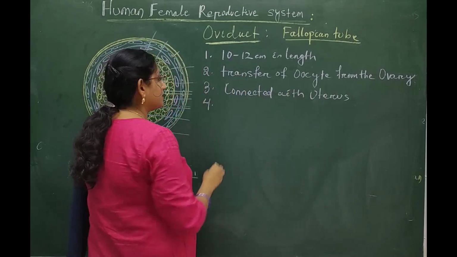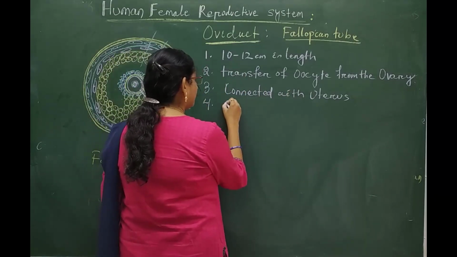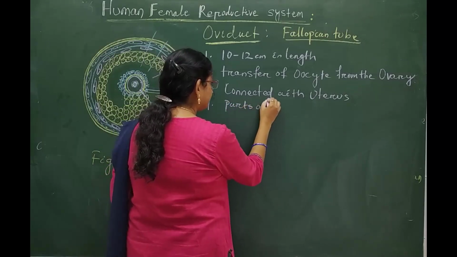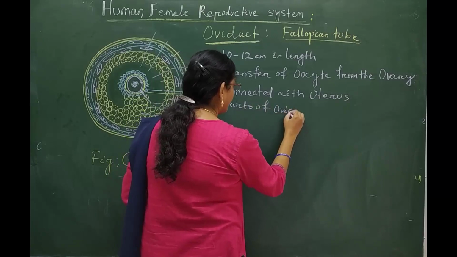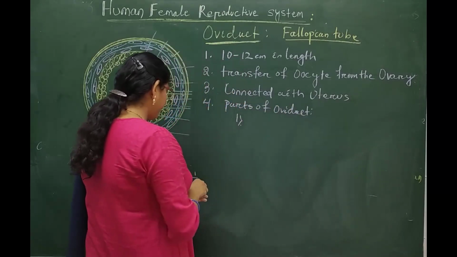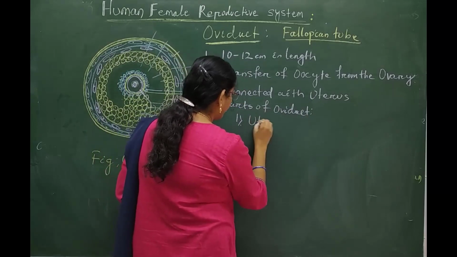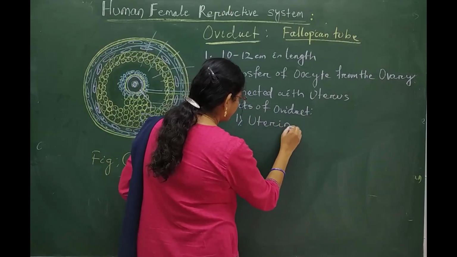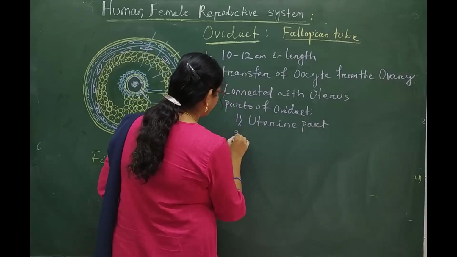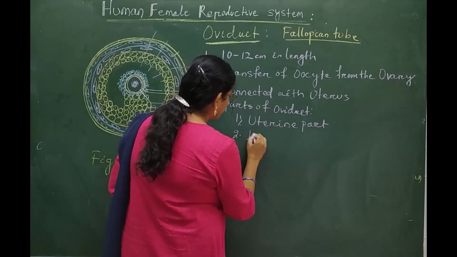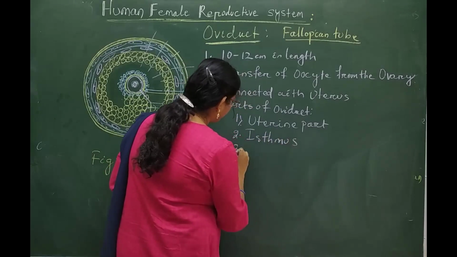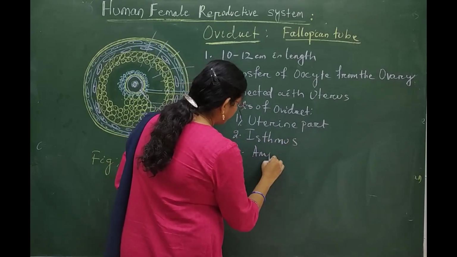Next, the oviduct consists of the following parts. Number 1, uterine part. Number 2, isthmus. Number 3, ampulla.